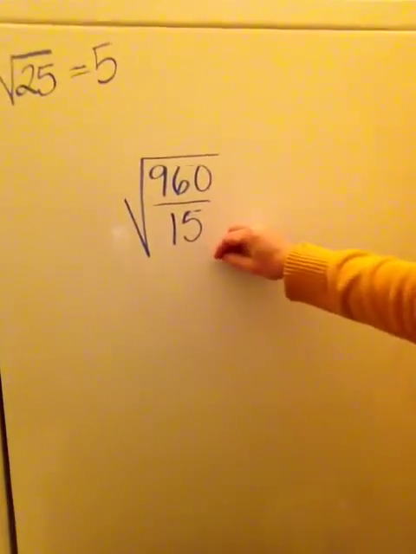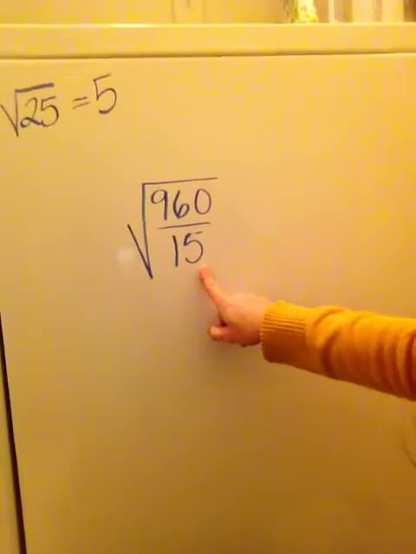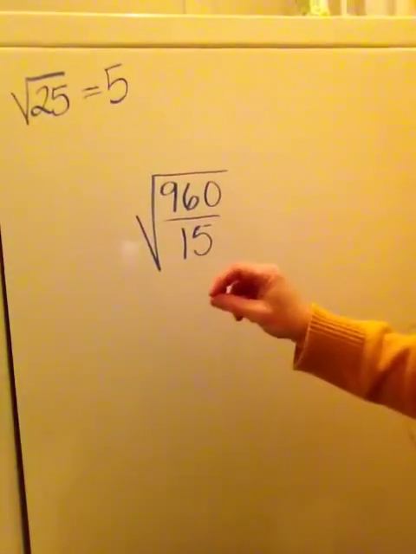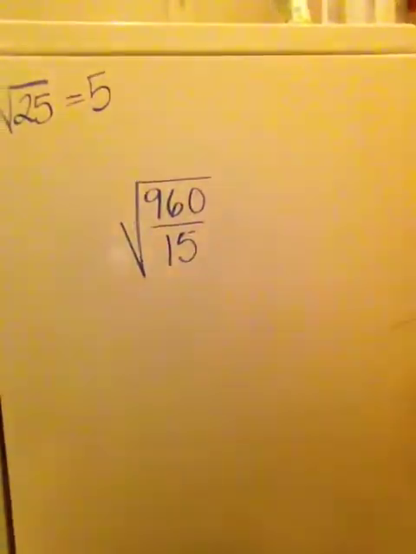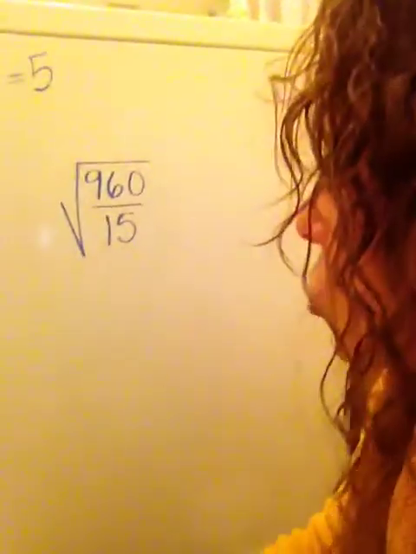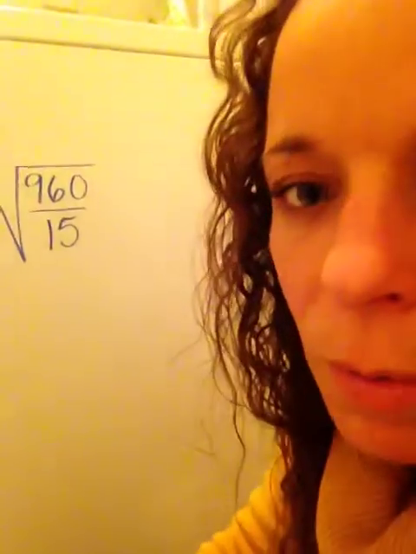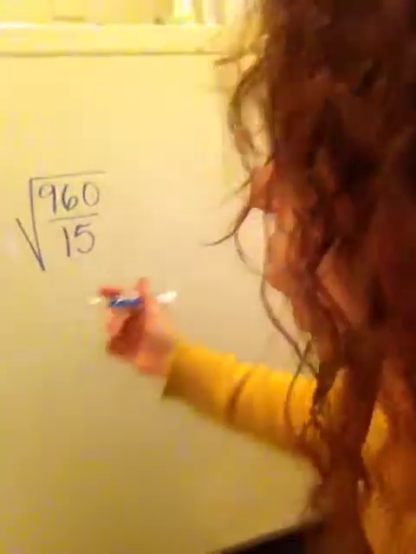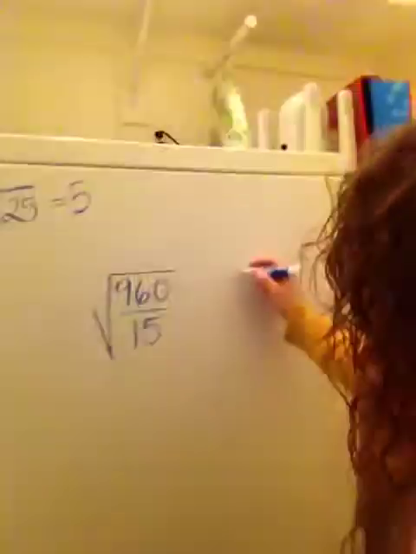Sometimes it's easier to apply the square root to the numerator and the denominator and get your answers, and sometimes it's easier to divide first and then take the square root. The nice thing is we're still going to get the same numerical value, so it doesn't change the integrity of the problem if you choose to do division first or apply the square root to the top or the bottom first.